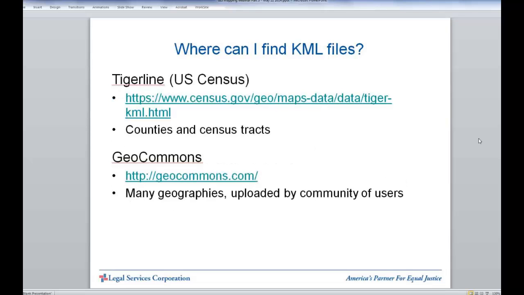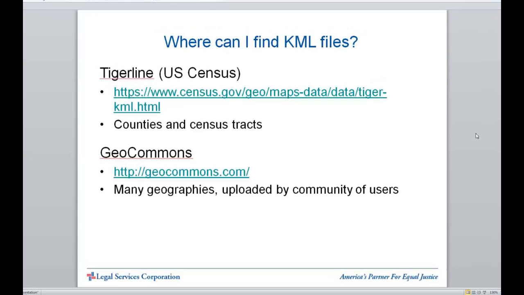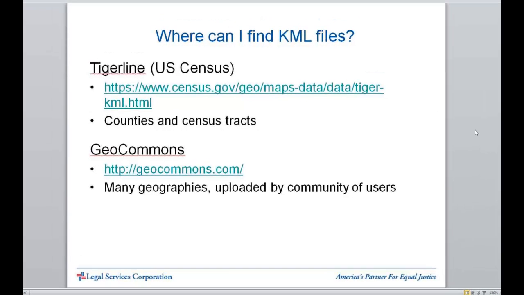A couple words about where to find KMLs. The U.S. Census provides KMLs for counties and census tracts, and the URL is right there. Another source, though, because you might want to map regions besides counties and census tracts, I would just try Googling. And there's also GeoCommons.